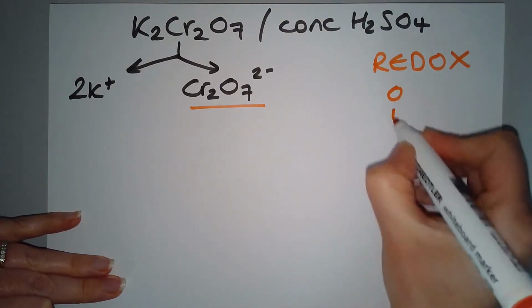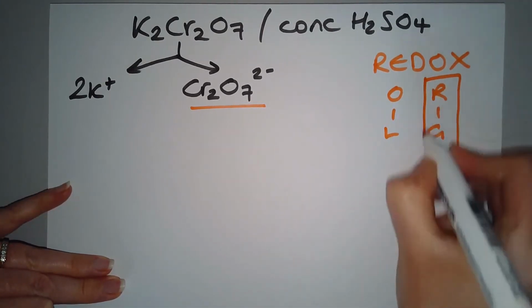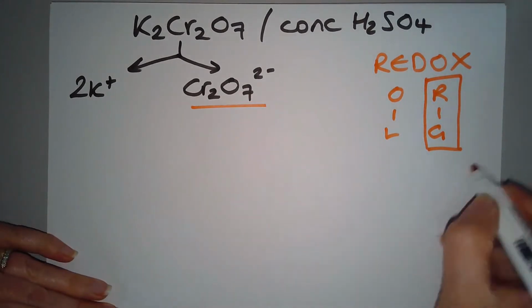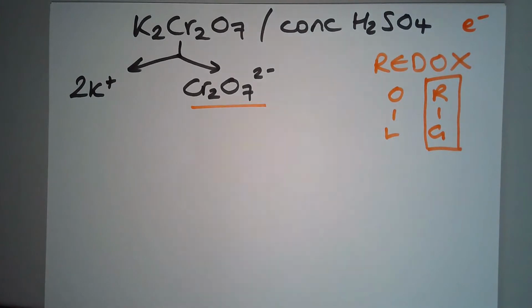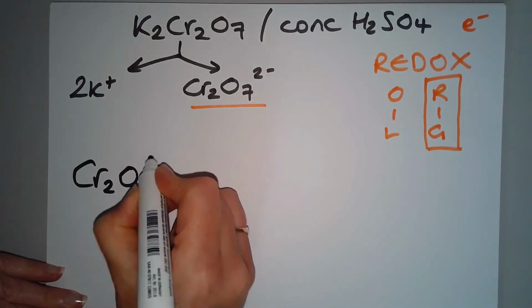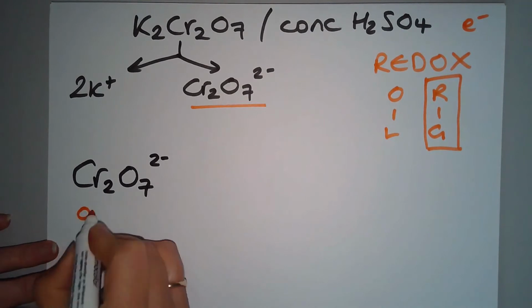Now remember, oxidation is loss, reduction is gain. So we're looking here now at the reduction half of the story. So we can do a half equation. Now half equations always contain electrons. So let's see how it works. If we start with the dichromate ion, that is originally orange.